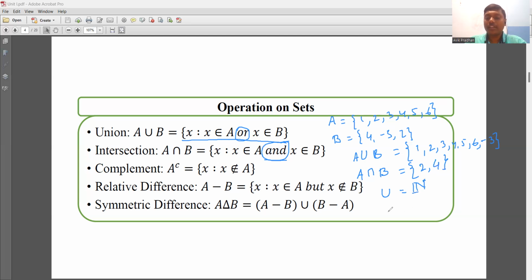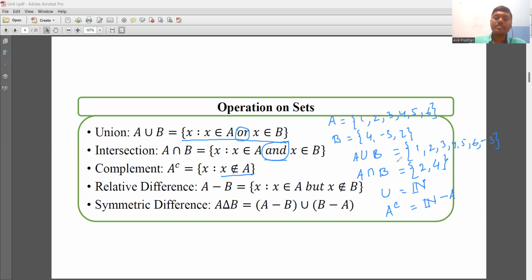Then A complement will be the set of natural numbers minus the set A. So complement means the collection of all the elements X which do not belong to A. Then where does this X belong to? It must be from the universal set.